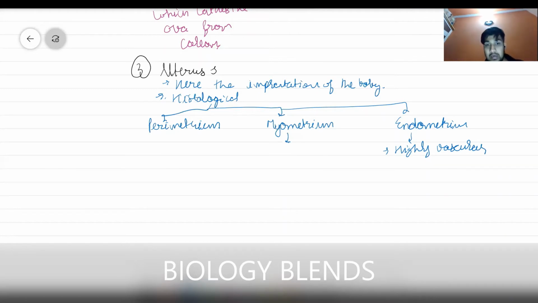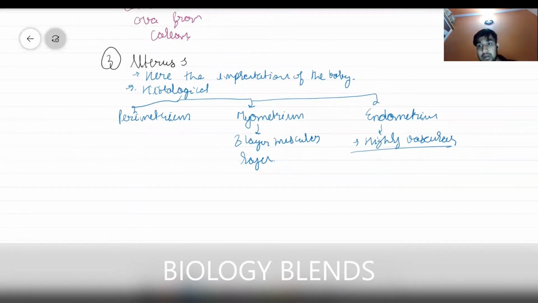Myometrium is a three-layer muscular layer. Perimetrium is the outside layer, visceral perimetrium and parietal perimetrium, no use.